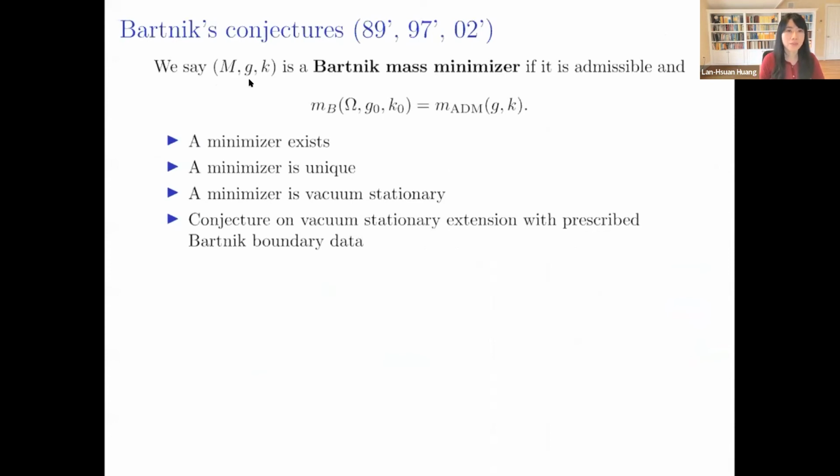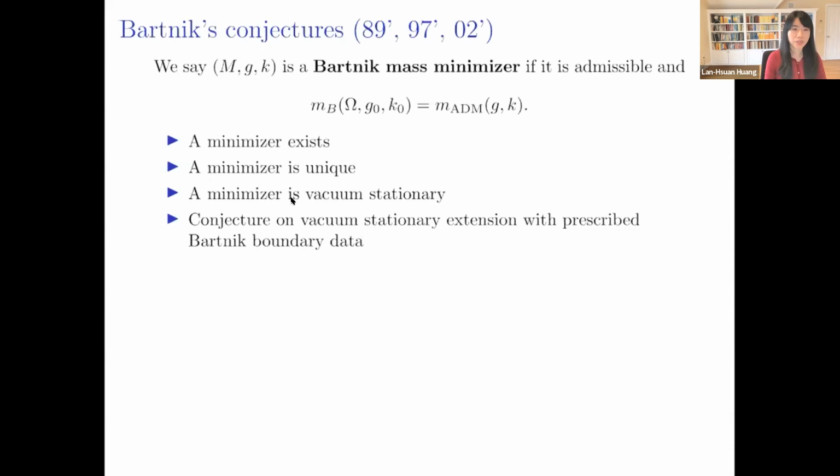When an admissible extension realizes the infimum, in other words, the ADM mass really is the Bartnik mass of the region, it's called a Bartnik mass minimizer. So there are natural conjectures asking whether a minimizer exists, whether it is unique, and if it exists, what properties it has.